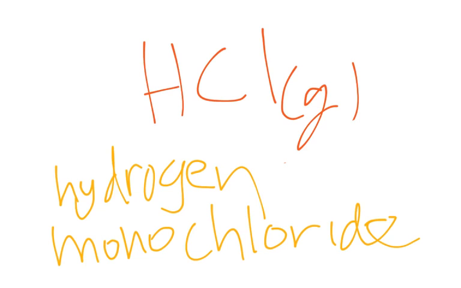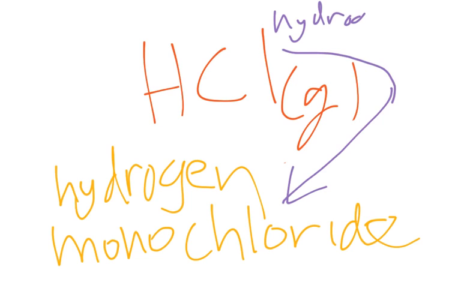To tell you the truth, we don't usually call HCl gas hydrogen monochloride. We actually just call it hydrogen chloride, because H and Cl can only form a 1-to-1 ratio. So it's kind of redundant to say hydrogen monochloride when we all know that H and Cl can only form in a 1-to-1 ratio.